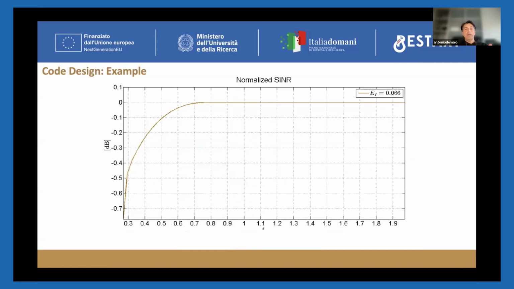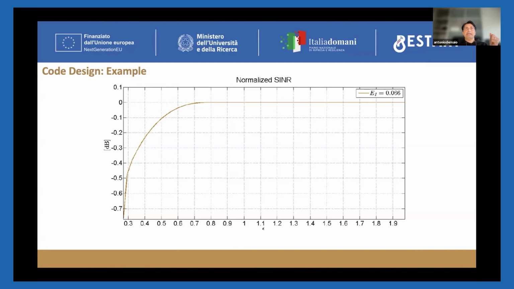This is indeed shown in the figure that we can see here in the slide, where the normalized SINR is represented versus the parameter epsilon, and it confirms that the higher epsilon, the better the radar detection probability, the SINR being higher.